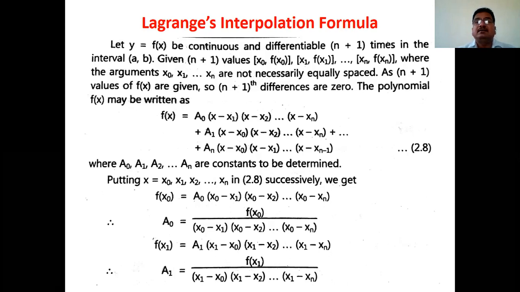And what are the values of the function corresponding to x0, x1, x2, ..., xn? f(x0), f(x1), f(xn). These are the values corresponding to x0, x1 to xn. So the values start from x0, x1, x2, up to xn. That is, these are n+1 numbers.